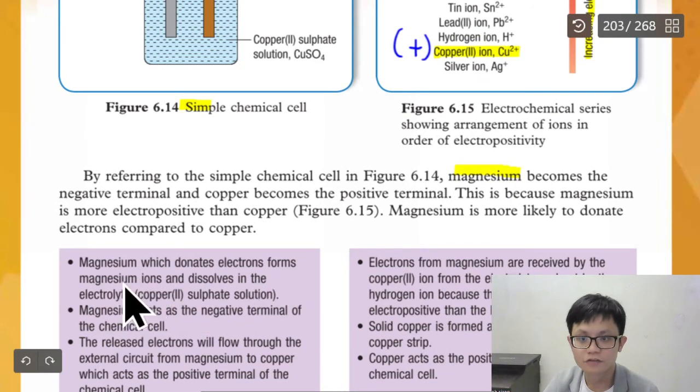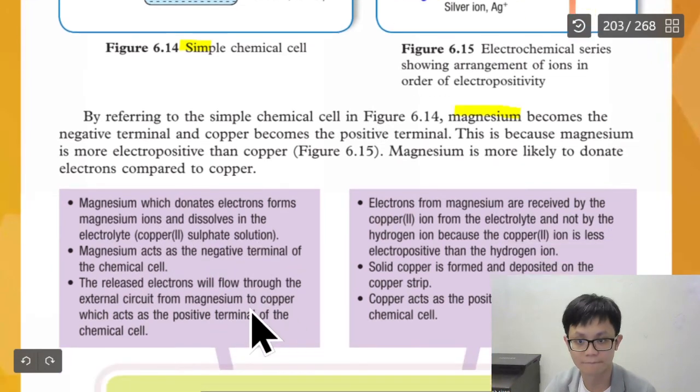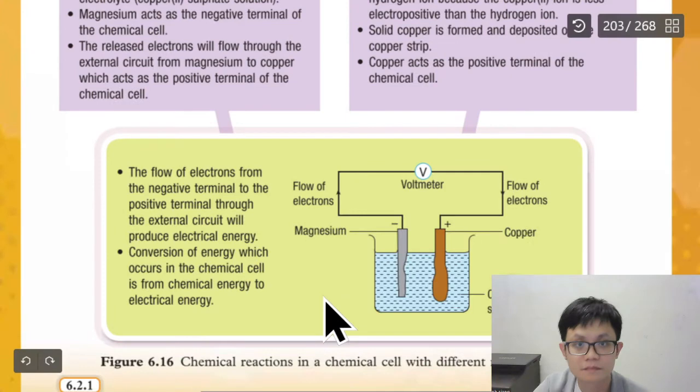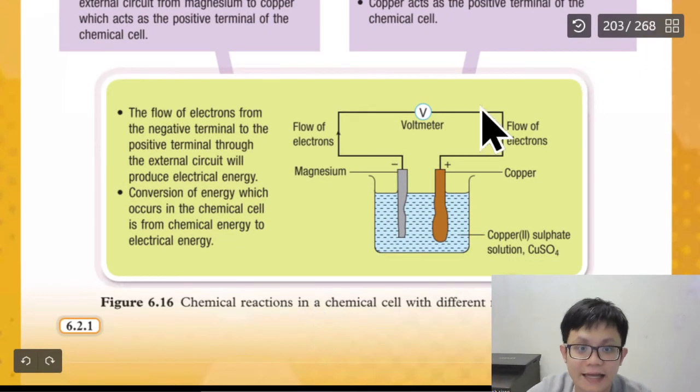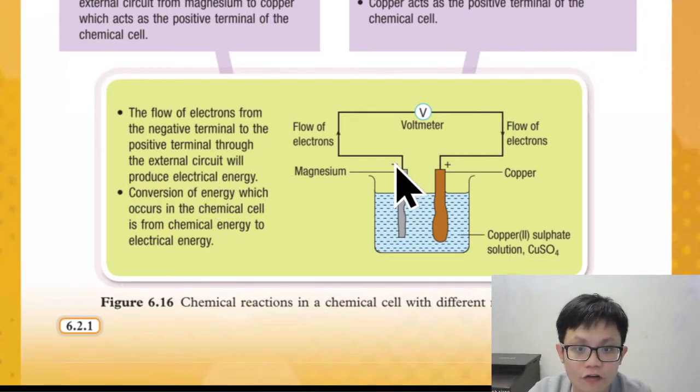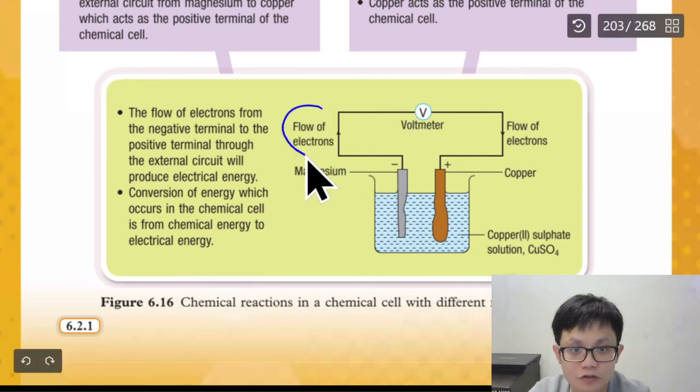Okay, so we can see here magnesium donates electrons to form ions and dissolves into the copper(II) sulfate solution. From here we can see that the flow of electrons goes from magnesium to here, here to here, okay?